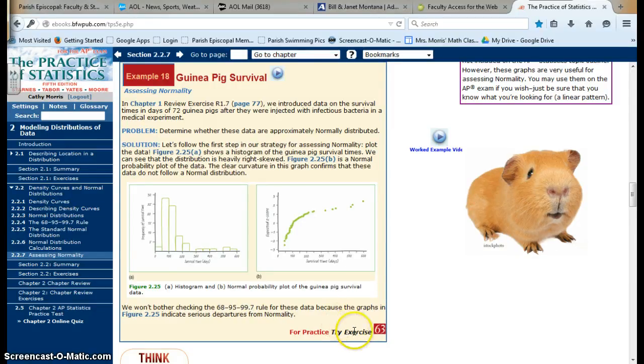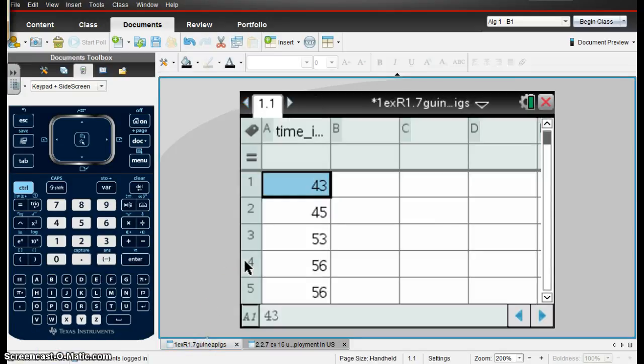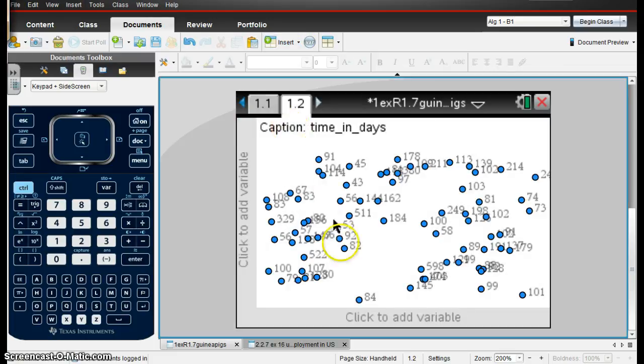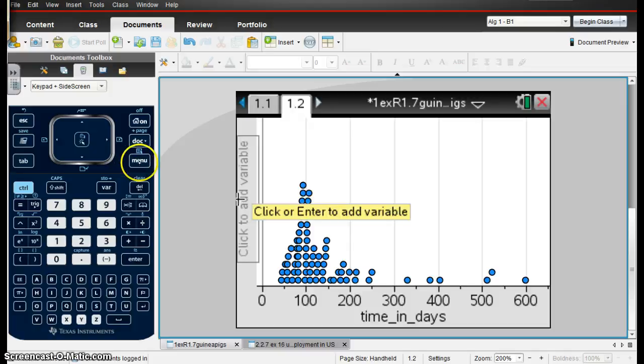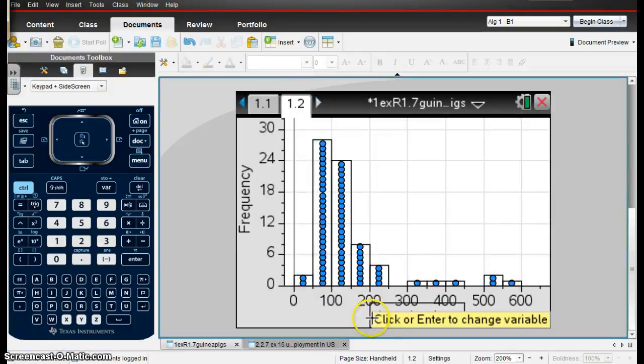I have imported these data into the calculator. So let's pop over there. Okay, here is our data set, and this is the time in days that those poor guinea pigs live. I'm going to insert a data and statistics page, make a dot plot, and then a histogram. There it is.